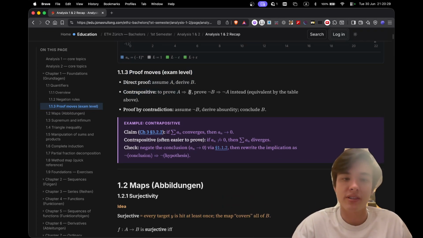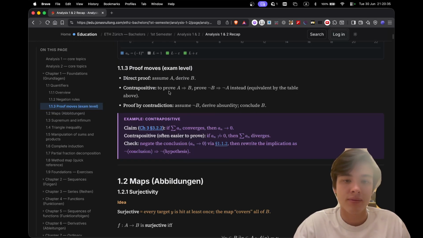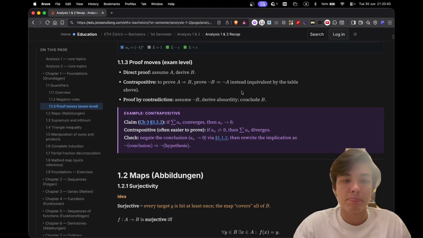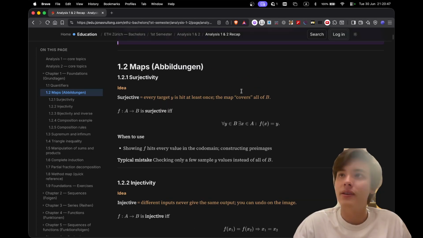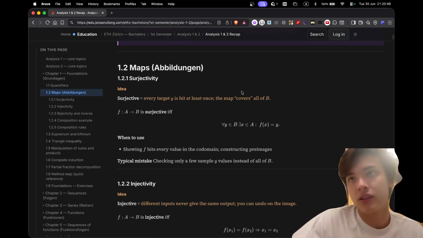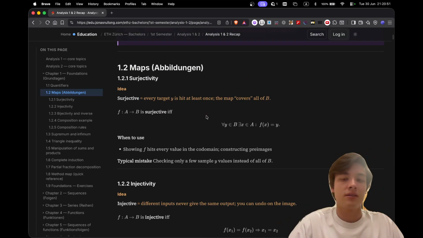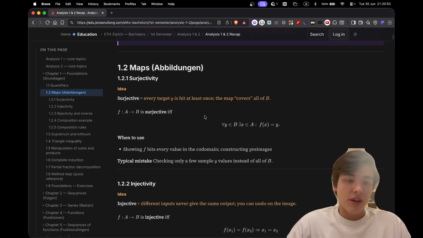So proof examples: assume A, derive B. Instead of proving A implies B, we can prove that not B implies not A. I think the initial topics are not too interesting, especially if you have already seen them, but still good to go through.